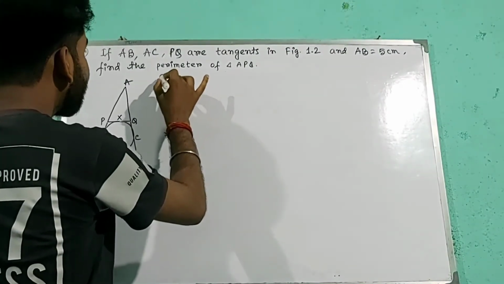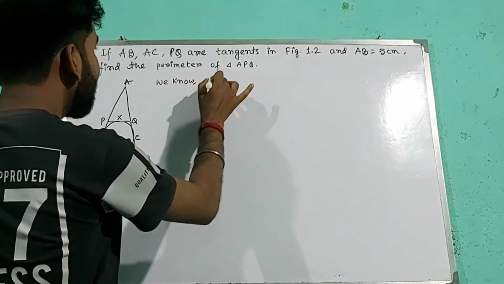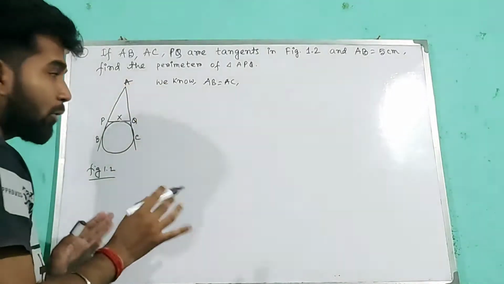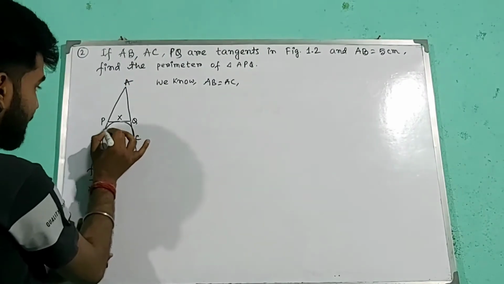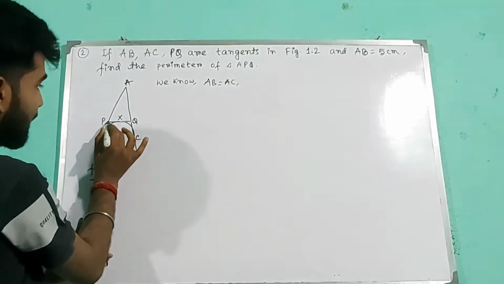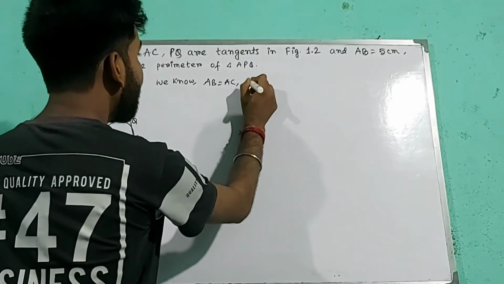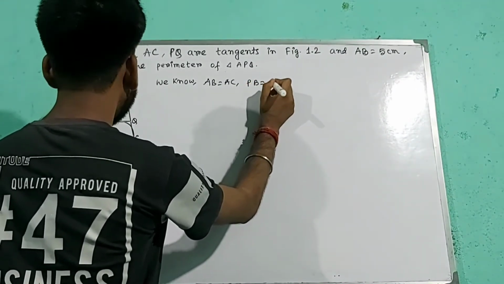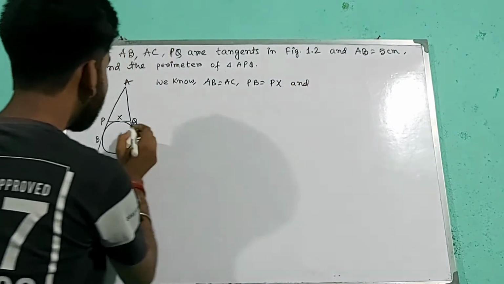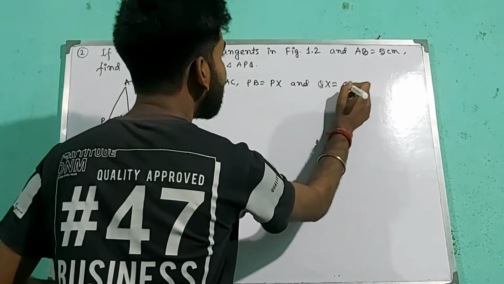So we know AB equals AC, these two will be the same. And one more: PB equals PX. Why? P is one external point and these two are the tangents drawn on the same circle. And one more: QX equals QC.